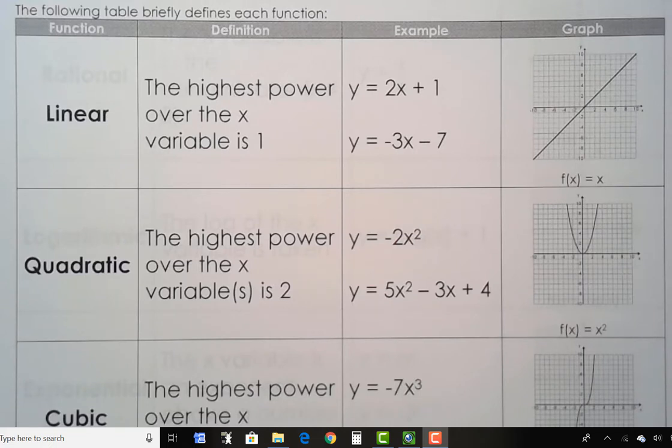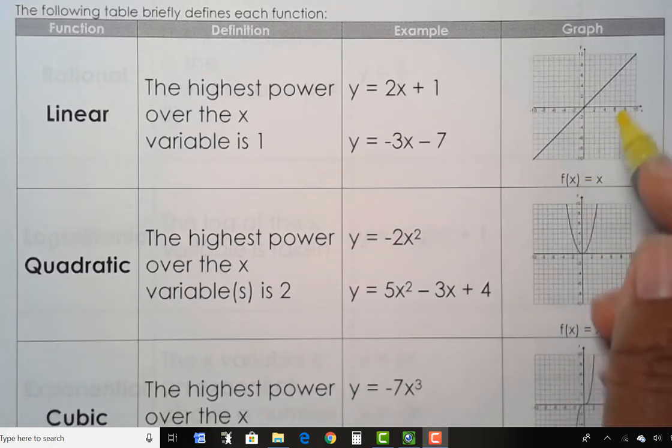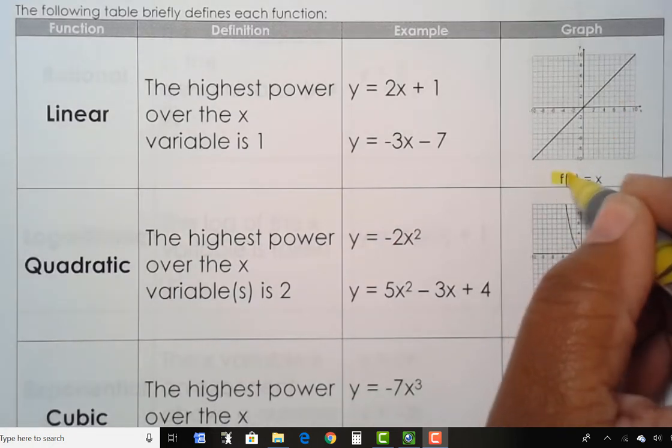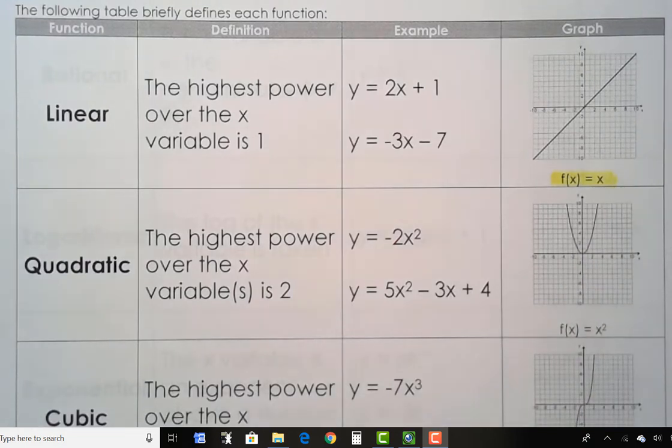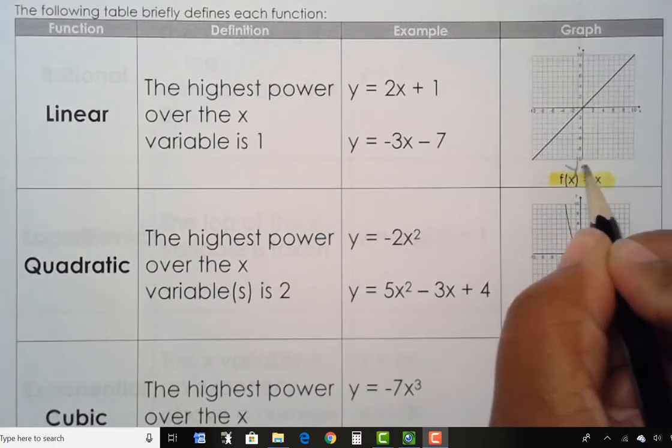Notice that I've given you an example and then what the graph looks like. I want you to study and understand the parent function: f of x is equal to x, which is the same thing as saying y is equal to x.